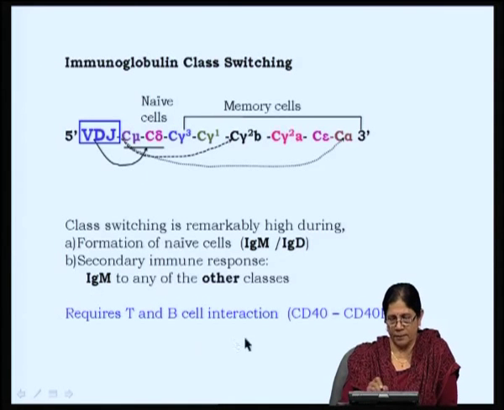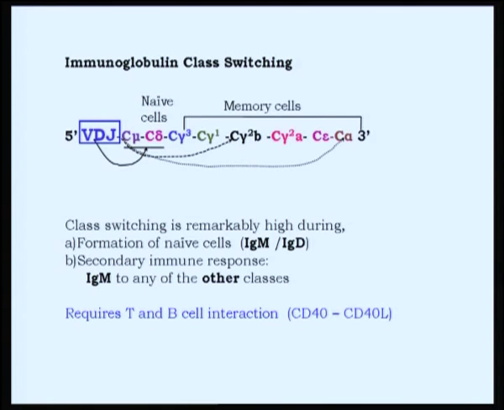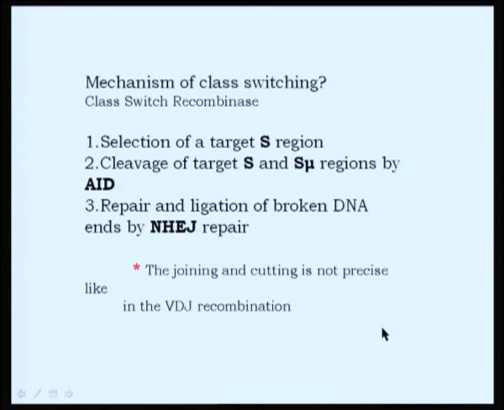All these happen in the memory cells, and therefore for those B cells which are T cell independent, there would be no class switching, there would be only IgM. T B cell interaction, remember, happens by way of recognition of the CD40 receptor present on the B cell with the CD40 ligand, which is expressed on the T cells upon activation.